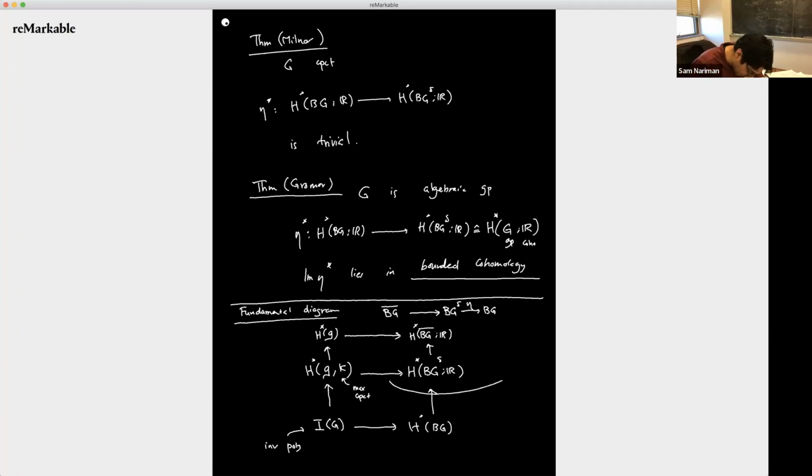So this is injective, say for semi-simple complex Lie groups. And similarly for the first map.